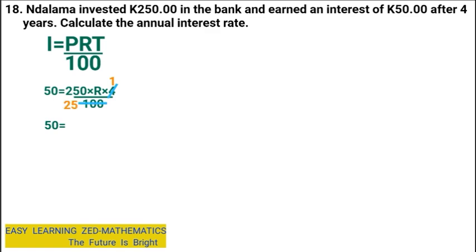Then as you can see, 25 also has a common factor with 25 itself. So the common factor is 25 itself. So we're going to say 25 into 25 is 1. 25 into 250 is 10, it goes 10 times.